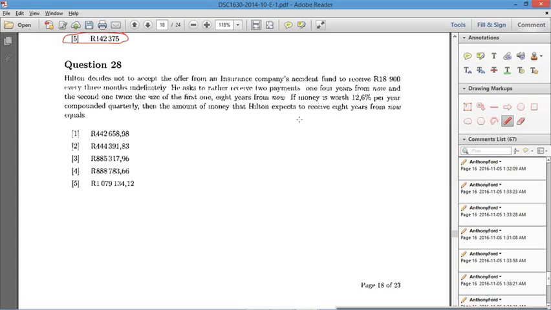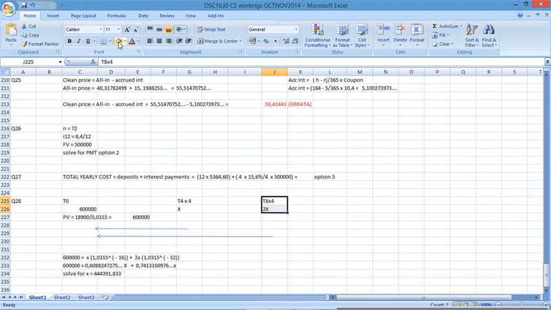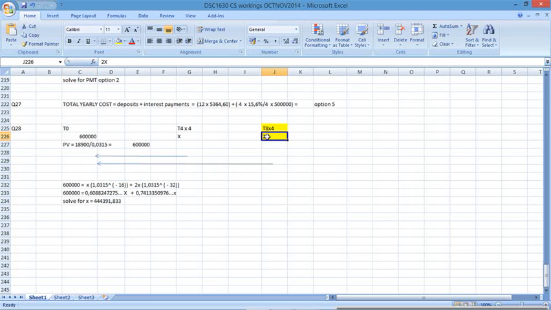Alright, the question said, how much is Hilton going to expect to receive 8 years from now, which is there. Okay, so to work out that amount, I want 2x. Okay, so final answer is that?